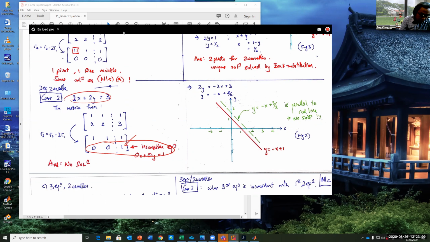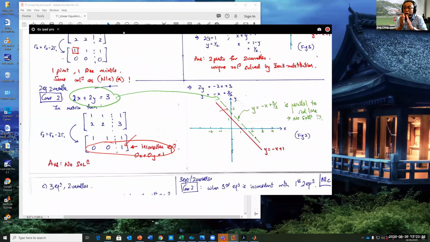So how does it look like? Let us draw this graph. The first graph was the red line. The second graph is the green line. So this equation here that I've just drawn for you is the green dashed line, and the red line was the previous one. When I draw them, the two lines don't meet.